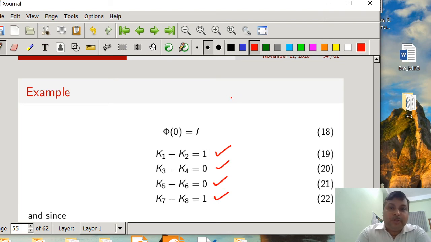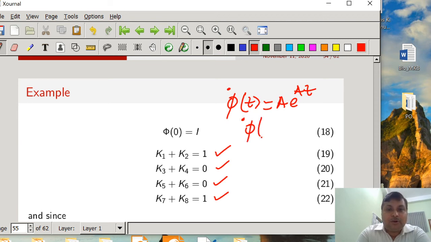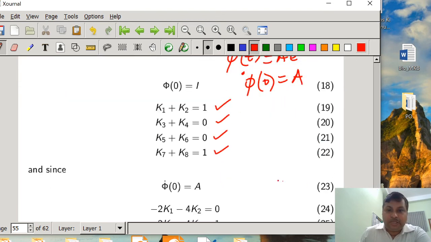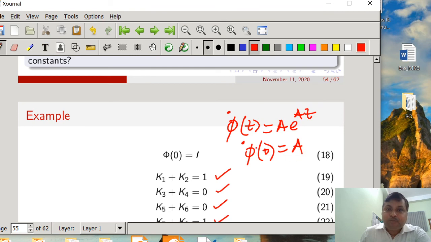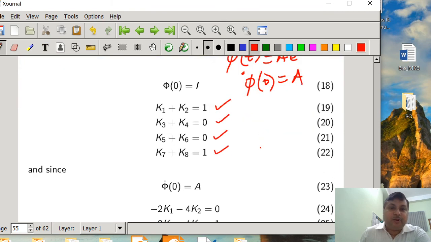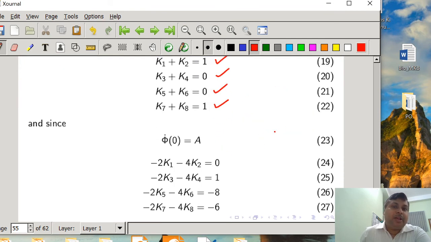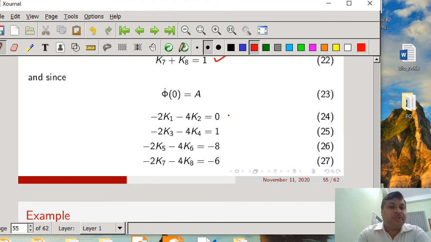We also know that phi dot of t is equal to A into e to the power At, and then phi dot of 0 will be equal to A. So we will compute phi dot of t, which has been computed here, and phi dot of 0, and we will write another 4 equations.